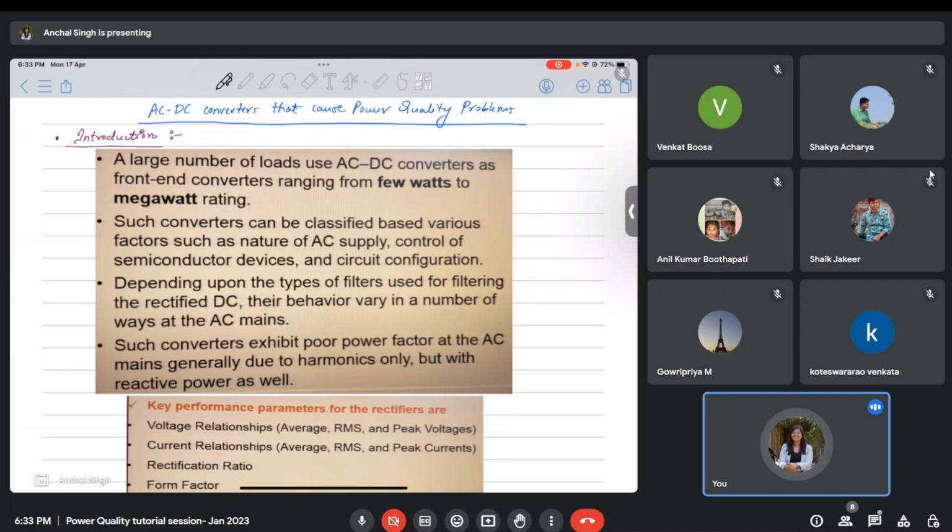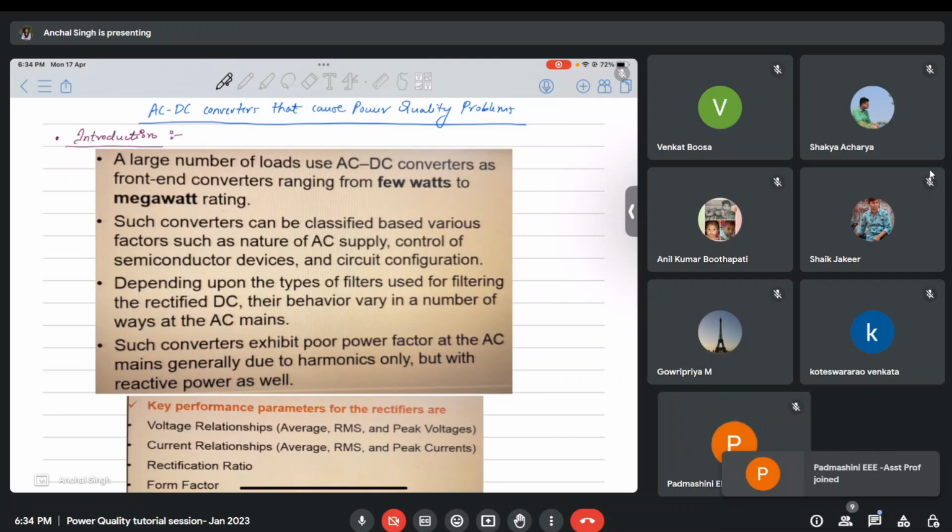So did you get the irony of it? These power electronics equipments are drawing non-linear current, and therefore there is a need for power quality improvement. And this need for power quality improvement is solved also by power electronic equipment. So these AC to DC converters are solving the problem in a bigger picture.